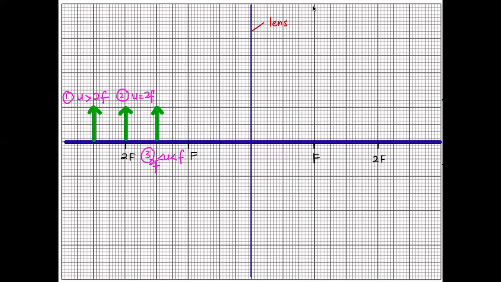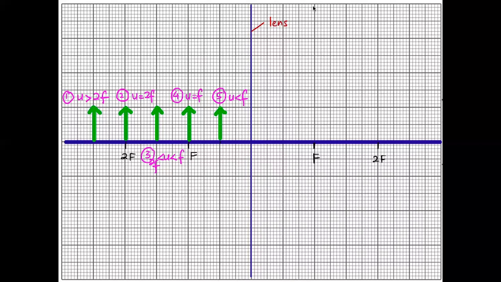And then the fourth position would be when the object is exactly at F. This is number 4. And then the fifth one is when the position of the object is less than F.